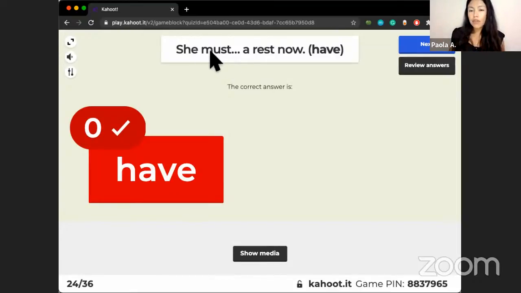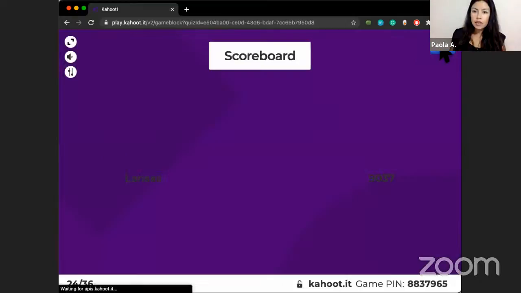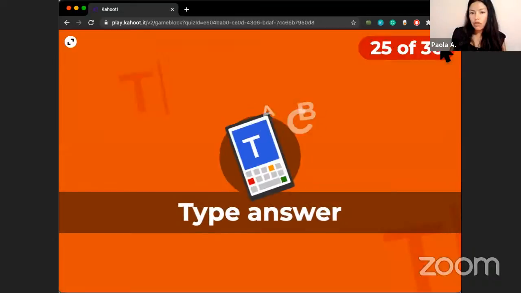This is a modal verb. And if you remember, with all the modal verbs, we always have the base form of the verb. So for example, it's always going to be have, or she will have, or she can have. With all the modals, it's always followed by the base form. Let's read the sentence, please. She must have a rest now. Excellent. Very good.